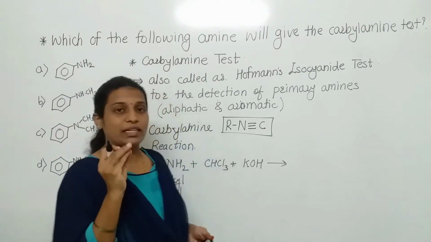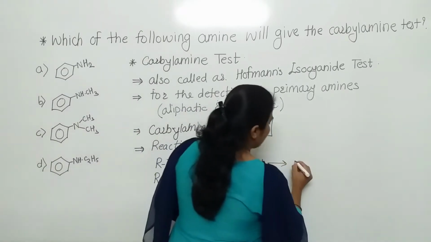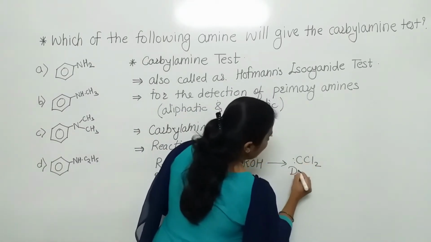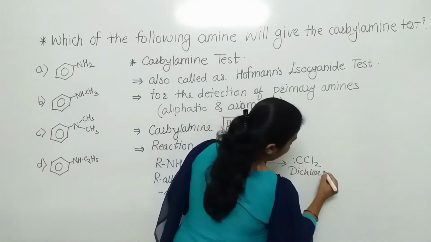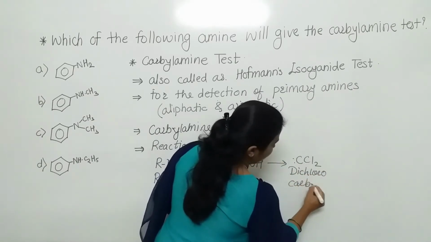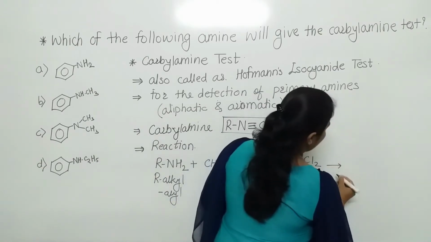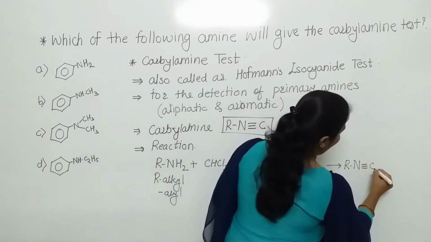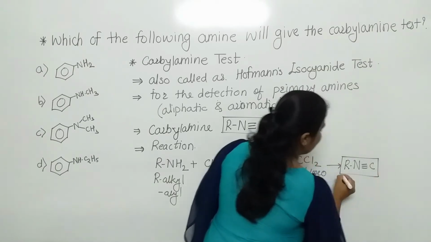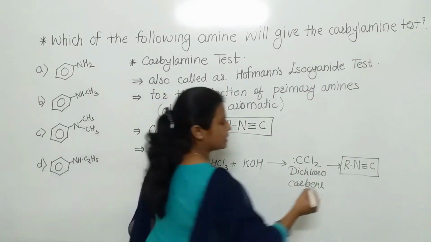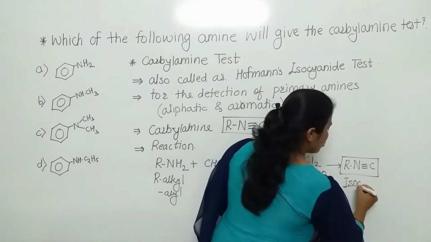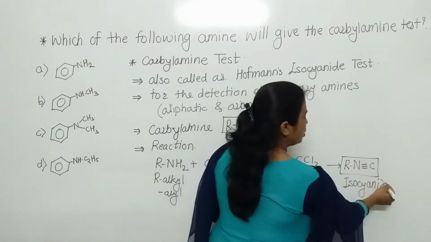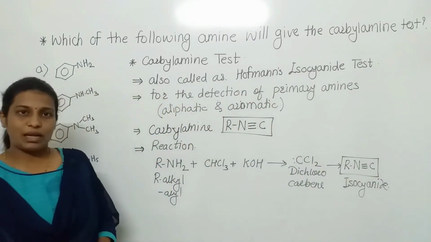That intermediate is dichlorocarbene, CCl2, and further it gives us RN triple bond C, that is the carbylamine or isocyanide. So this is the simple reaction which comes under the carbylamine test.